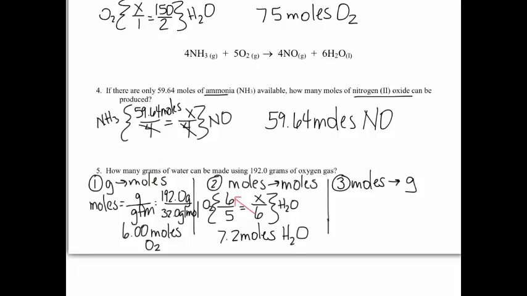And we know that we can use the moles equation again to convert from moles to grams. So now we can plug in our moles of water, 7.2. We're looking for grams, and we figured out the GFM earlier for water to be 18.02.